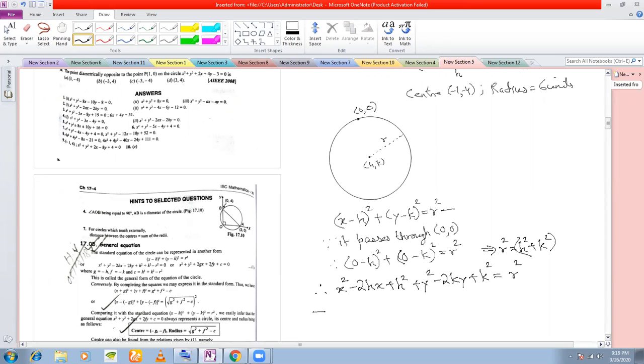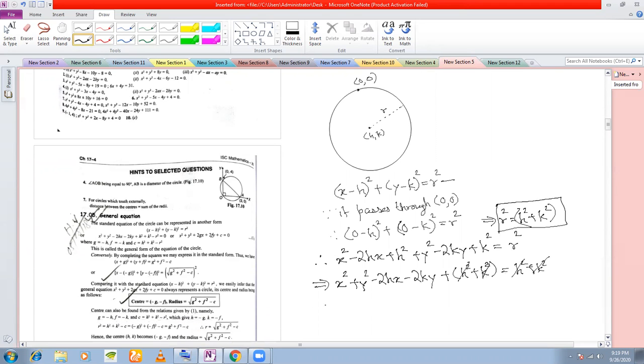Then x square plus y square minus 2hx minus 2ky plus h square plus k square, and instead of r square you can write h square plus k square. So h square and k square cancel. The required equation of the circle is x square plus y square minus 2hx minus 2ky is equal to 0. This is the case when the origin is on the circle.